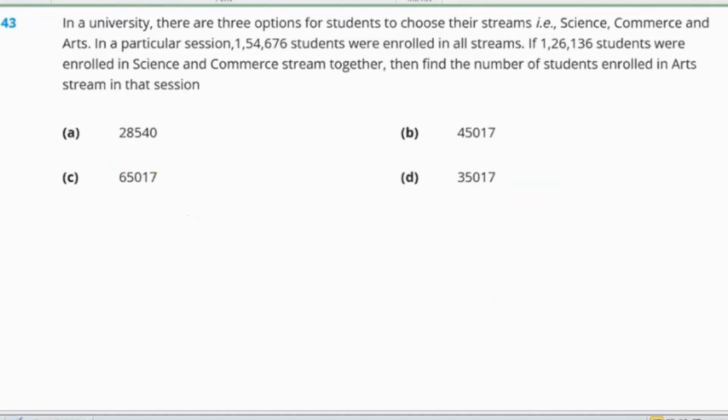Now let's move to question number 43. Question number 43 is saying, in a university, there are three options for the students to choose their streams. That is science, commerce, and arts. So in the particular session, 1,54,676 students were enrolled in all the streams together.